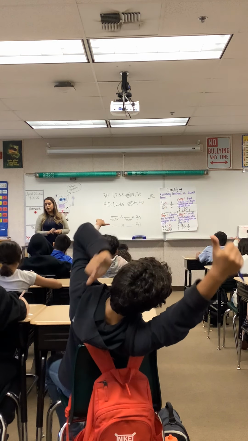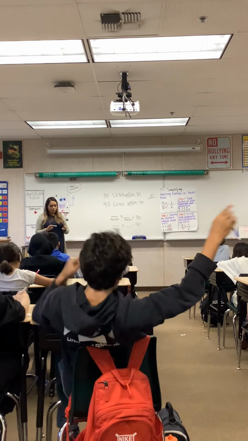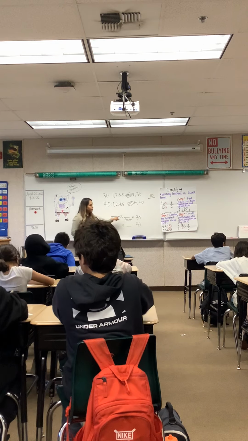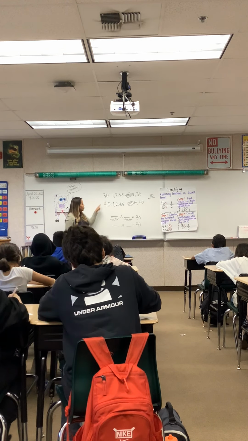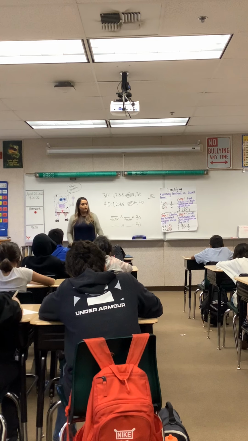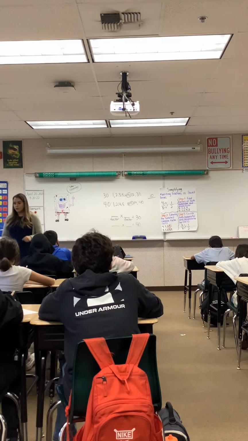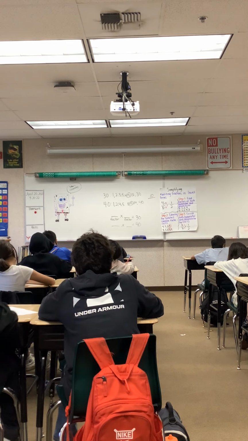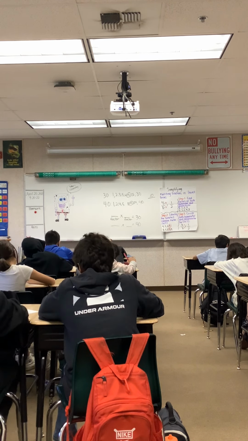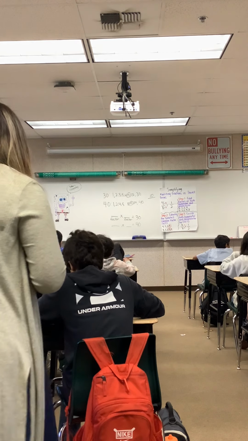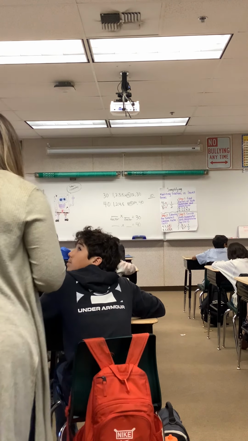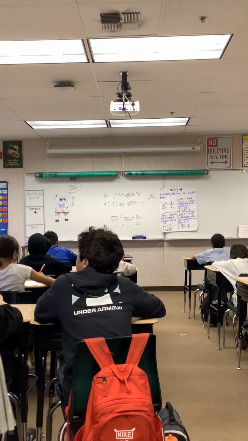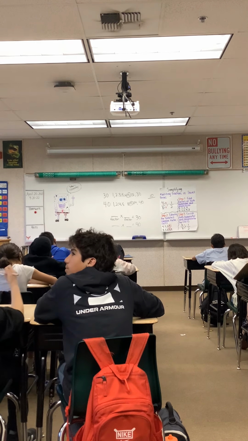Alright, go ahead and do number 3 on your own as I walk around and check your work. If you have questions, you may talk to your neighbor. Remember, you're finding the factors that equal the numbers and writing them down like that. A little hint: if it's an even number, 2 will always be a factor.